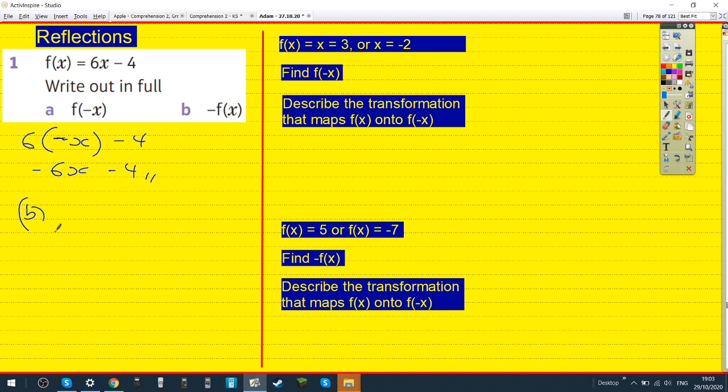So when it's minus f, is that just outside the bracket? Yeah. So it's like times both sides by minus 1 type of thing. Okay.